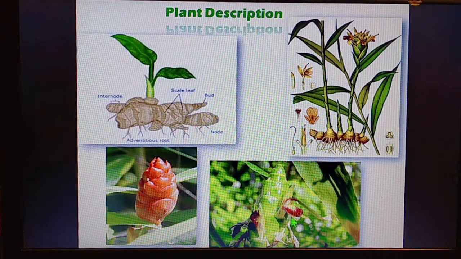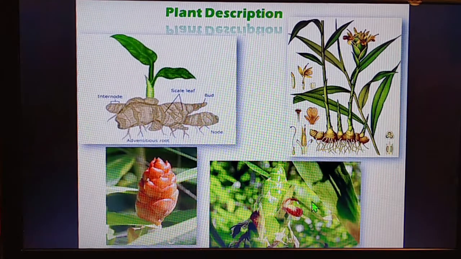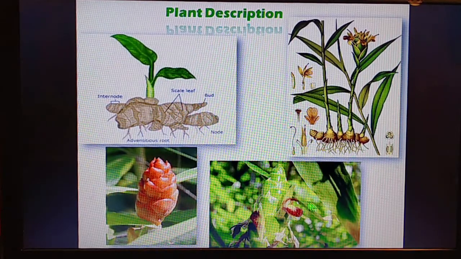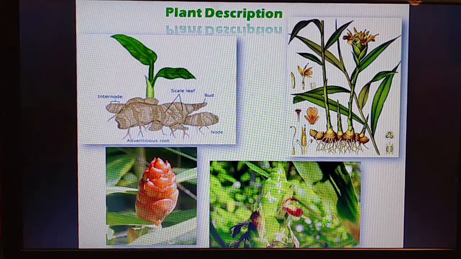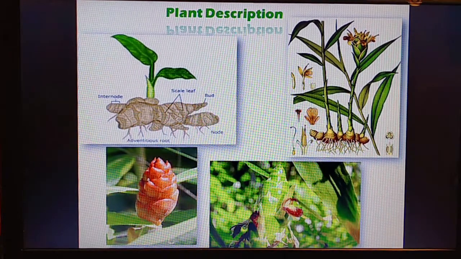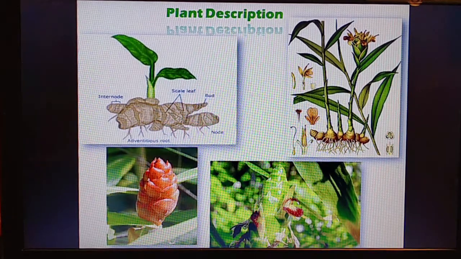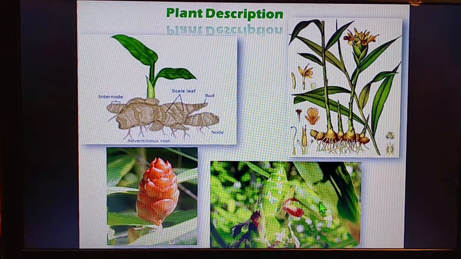And the stamens are 6 in number. But out of these 6, one is fertile, one is abortive, and the other 4 stamens are modified into petaloid staminodes.